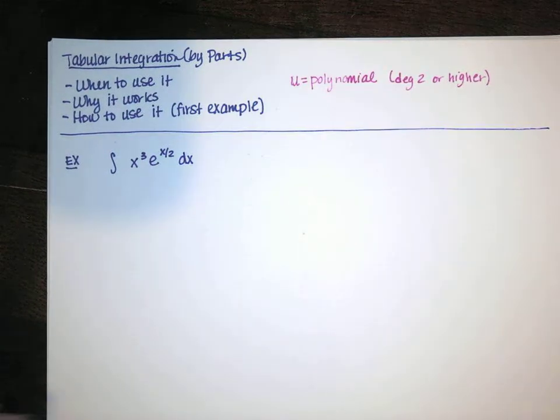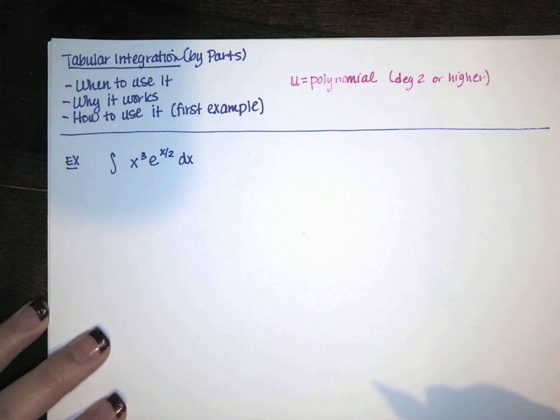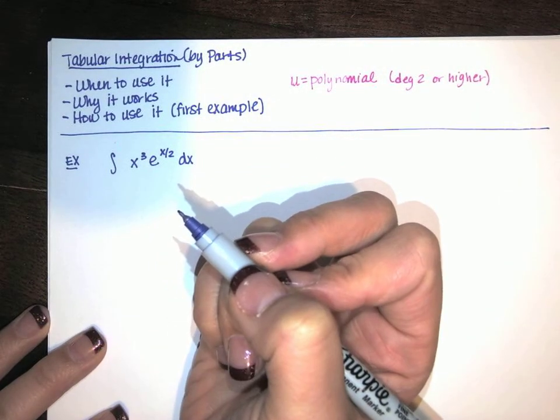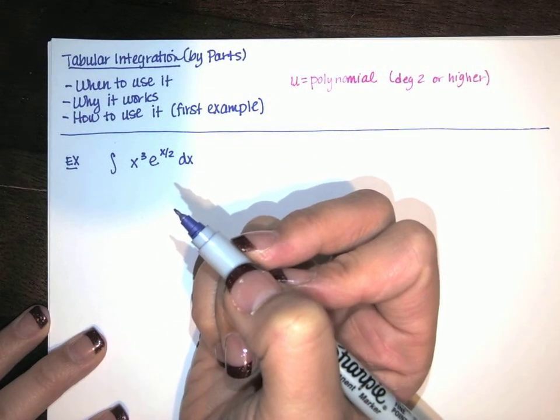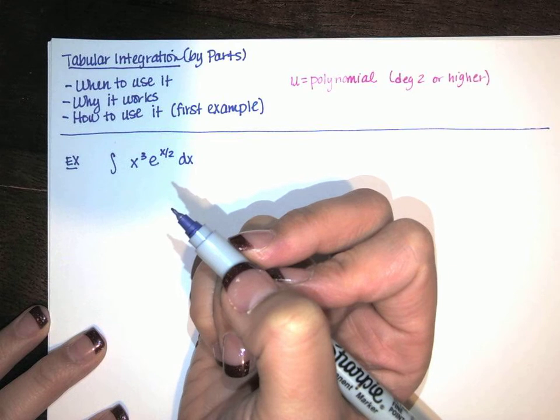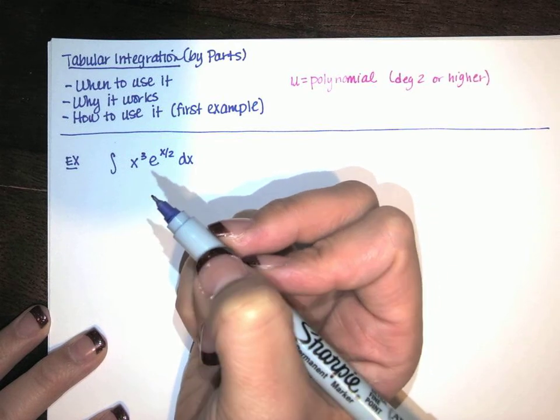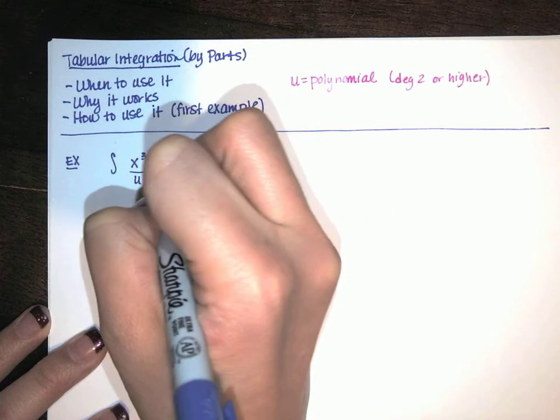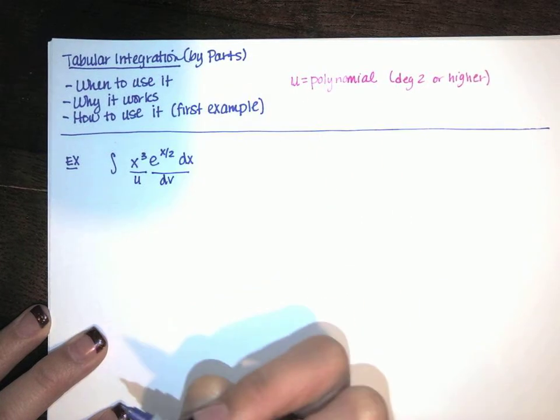So we have to go to integration by parts. Now remember, with integration by parts, u is the function with the simplest derivative, and dv is everything else. Since there are no natural logs, no inverse trig functions, we're going to choose u to be the polynomial. So we're going to say u equals x cubed, and dv is everything else.